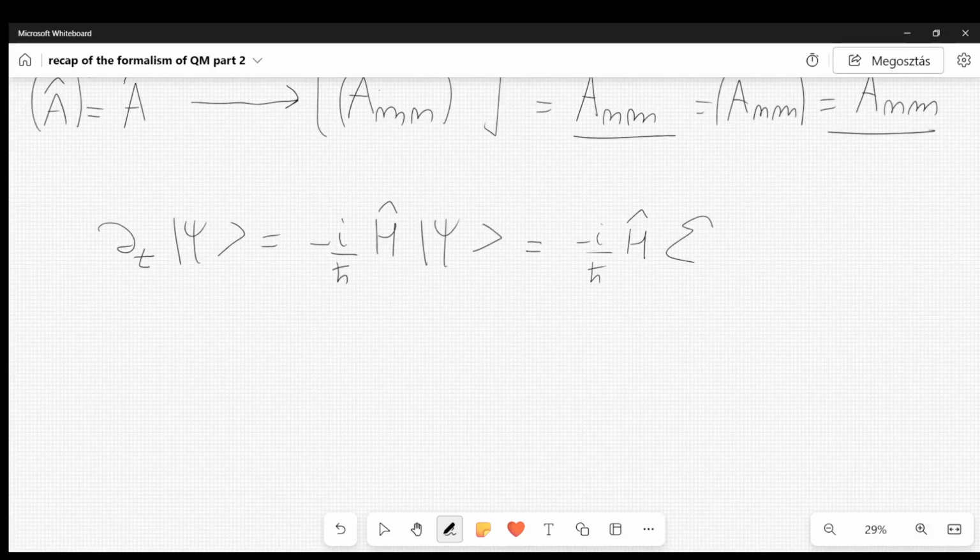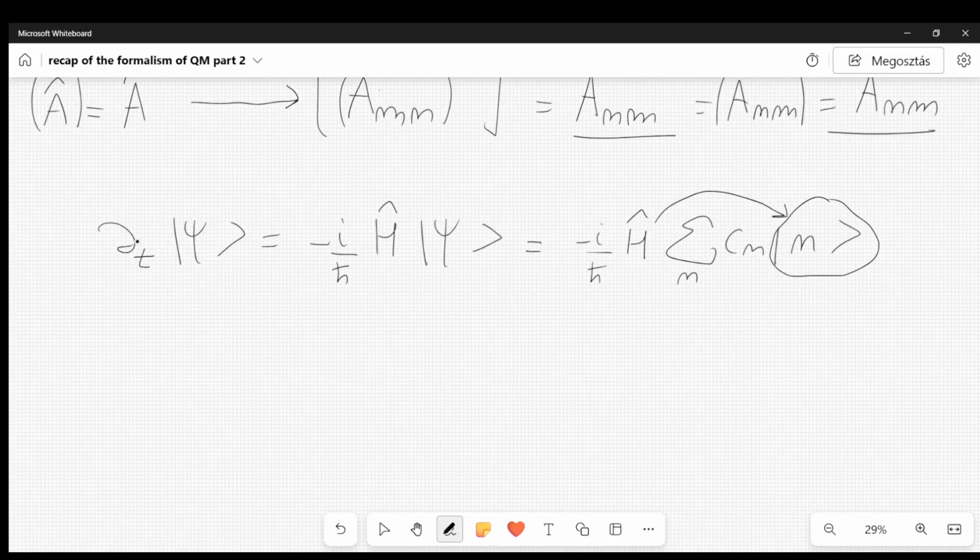And then here we have the summation over n, c sub n, and then we have the ket n. And when we act with the Hamiltonian on the states n, we can do the same expansion also here when we have the derivative, so we can use the expansion that I wrote in here for the ket psi.